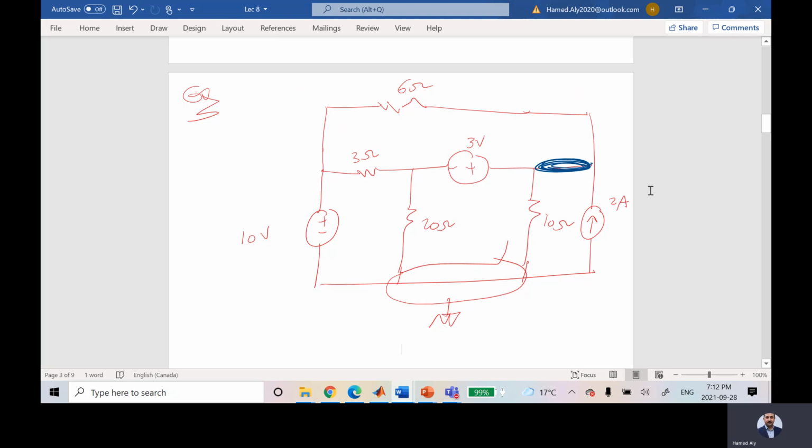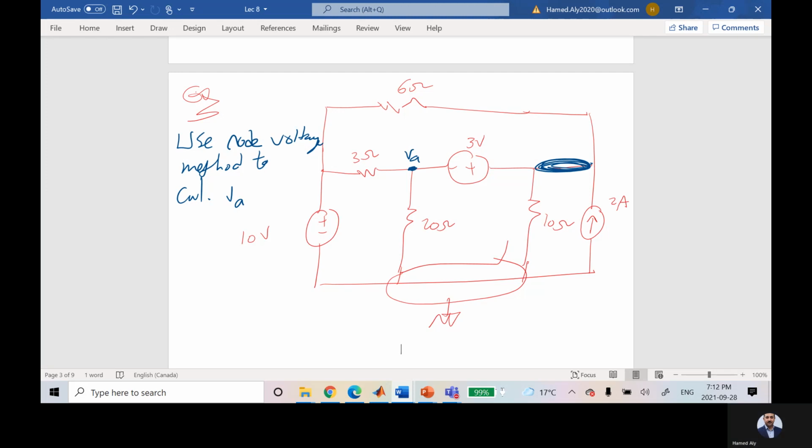Now, the question is, use the node voltage method to calculate VA. What's VA? He gave me that this voltage is VA, with respect to the ground.